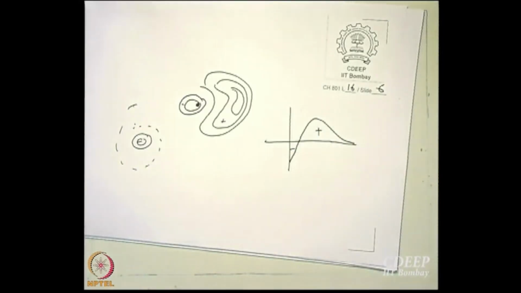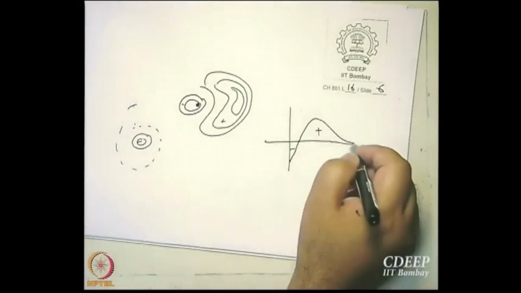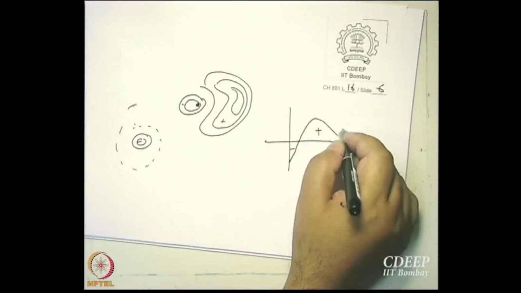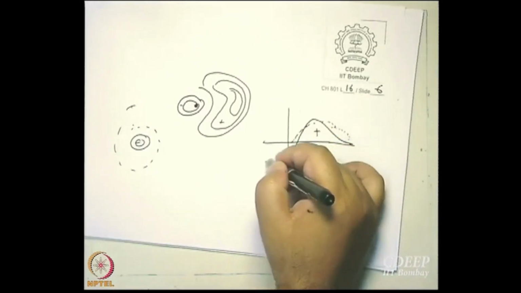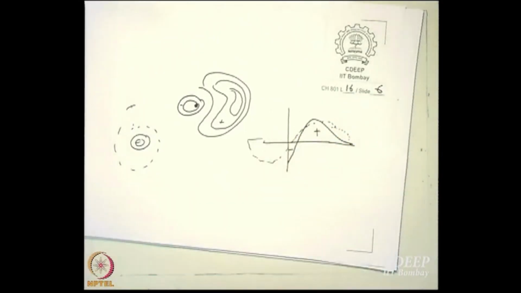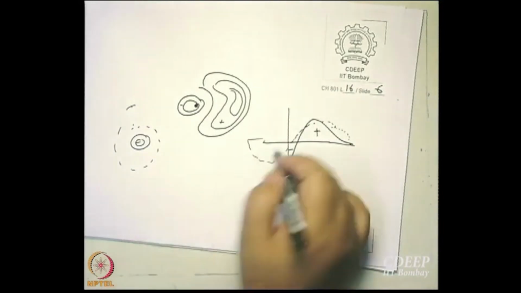What about 2p? 2p is something like this, right? It is 0 at the nucleus, right or wrong? This is the cross section of 2p. You know what 2p looks like anyway, I have just taken a cross section. So 0.